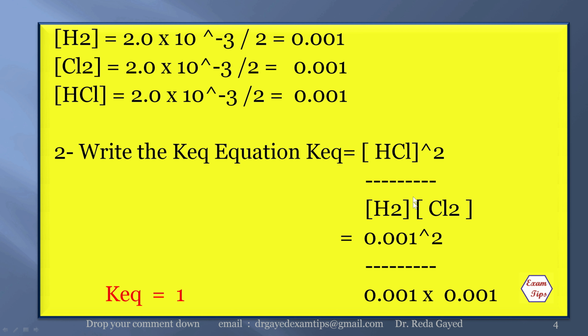If you multiply this over that, you will find: concentration of products is 0.001 squared over concentration of reactants 0.001 multiplied by 0.001. So the equilibrium constant K here will be equal to 1.